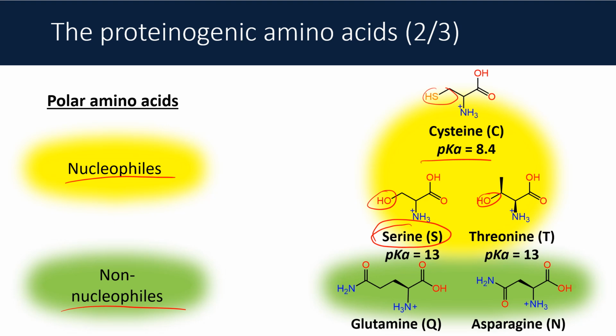Moving on to the non-nucleophiles, we have glutamine and asparagine. Sometimes they're called the amido amino acids because they contain amides in their side chains. They are considerably less reactive than the nucleophilic residues, but they're still useful.